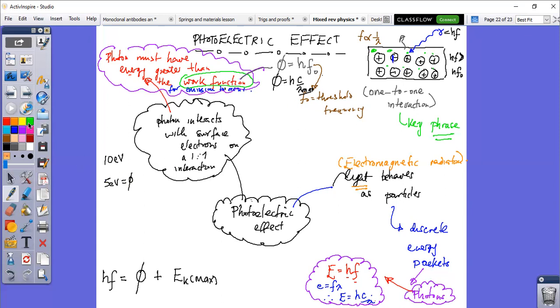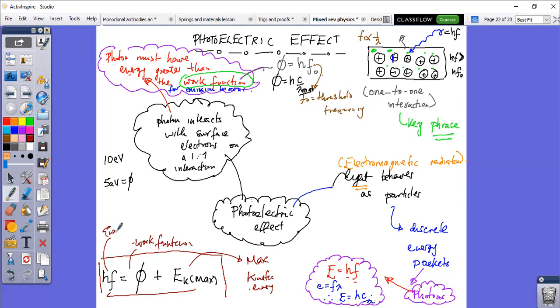Okay, so if ever you were to quote this formula, please do not just say hf equals phi plus EK, which is kinetic energy. You have to say max. That has to be there. So this here is max kinetic energy, this here is the work function, and this here is the energy of the photon.